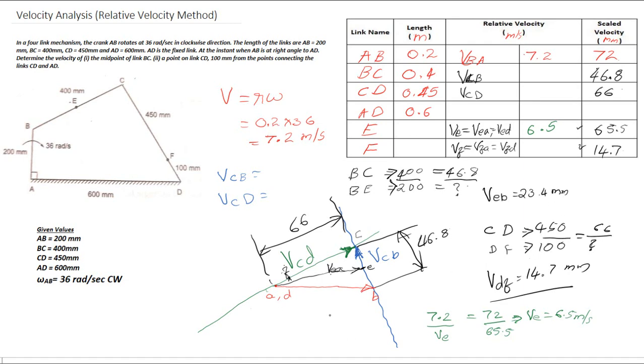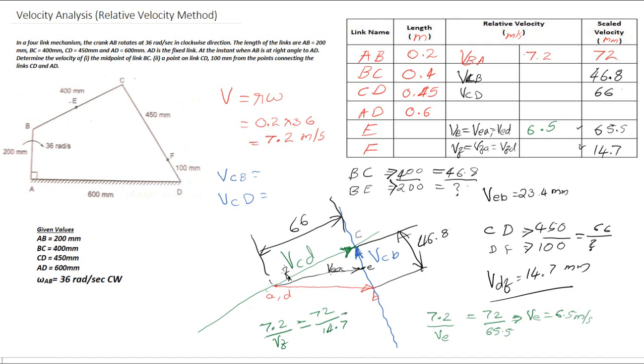Next is VF. We are going to find the value of VF. Again we take the ratio: 7.2 is equal to 72 divided by VF, which is 14.7.